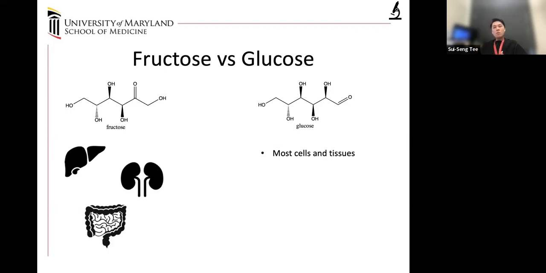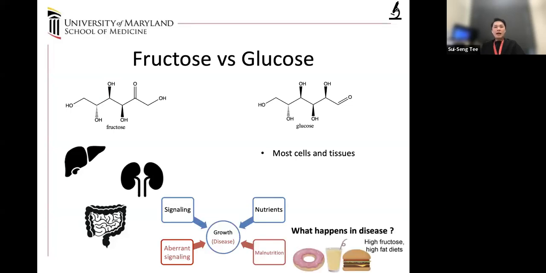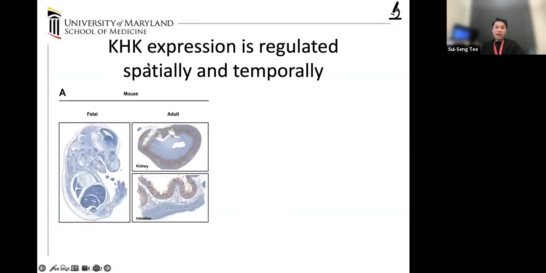So I really wanted to ask what mediates these differences in metabolism. The way to do this was to focus on KHK, the first enzyme that phosphorylates fructose into fructose 1-phosphate. I asked where KHK is expressed through development and in different organs.